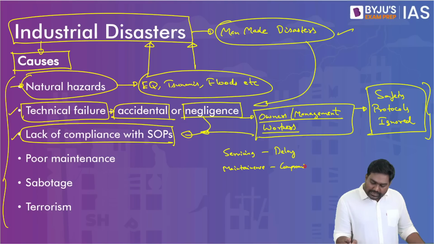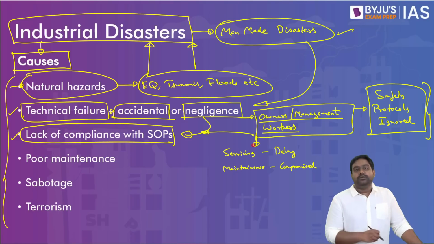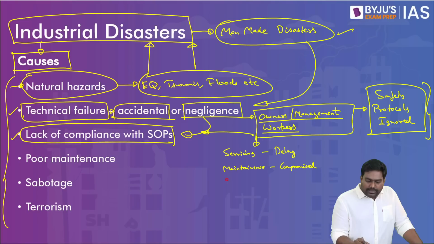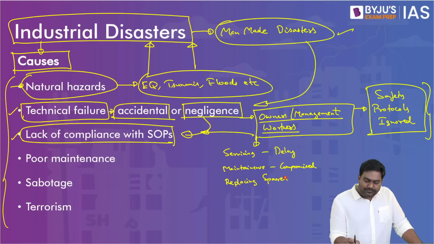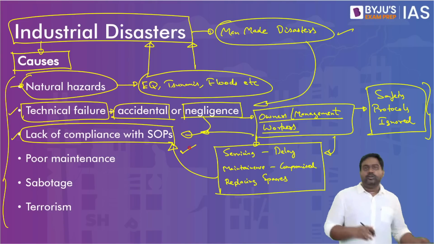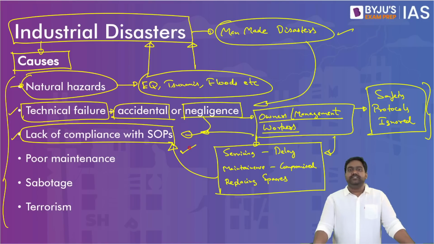They may not follow the right protocols for maintaining delicate, sensitive equipment in order to save costs or to save time or just out of sheer negligence. And even for replacing spare parts, certain factories and industries might delay this in order to protect their profit margin and in order to reduce their investments. So this is nothing but an act of pure negligence, which is ignorance of the SOPs and the protocols that causes these disasters and accidents.